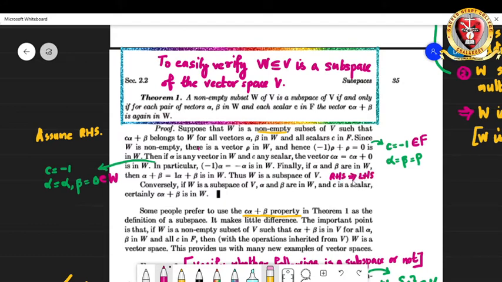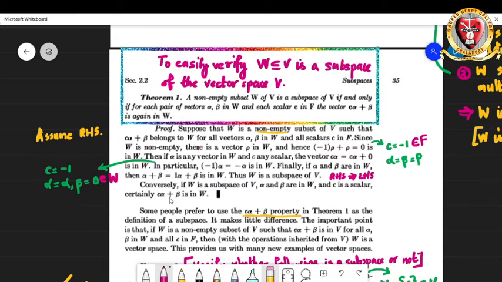Now we have to prove LHS implies RHS. So if W is a subspace of V, we are taking it. And then alpha, beta are in W. Suppose we take it and C is a scalar coming from F. Then we know that C alpha will be in W. Alpha belongs to W and C belongs to F means C multiplied by alpha is inside W because that is the property of scalar multiplication.